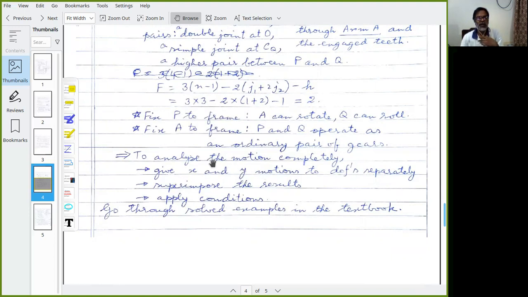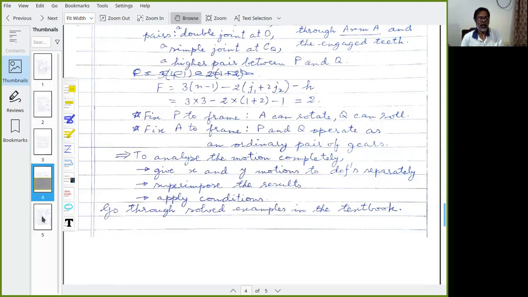So superimpose these two effects in terms of linear combinations of X and Y, and then apply whatever conditions you have in hand to determine the other motions which you wanted. This is very simple actually. You need to go to the examples in the textbook to get hold of it.